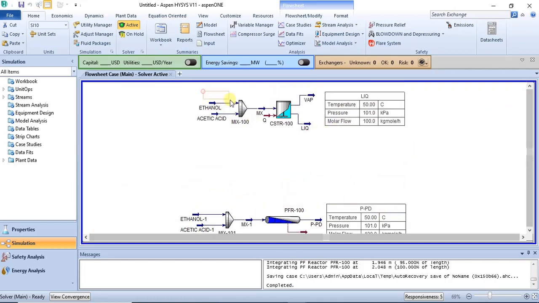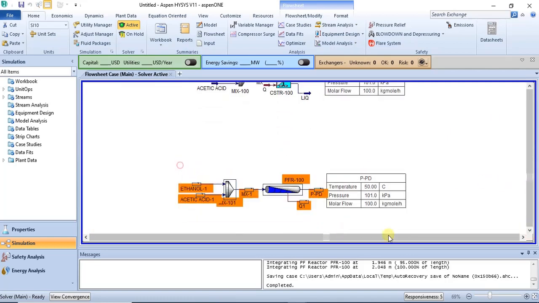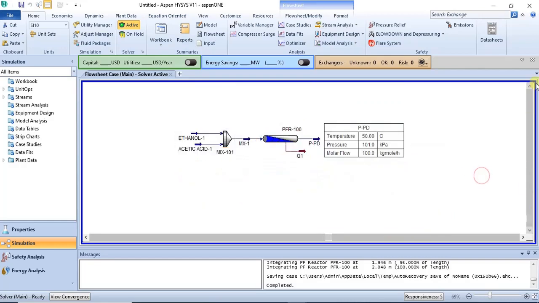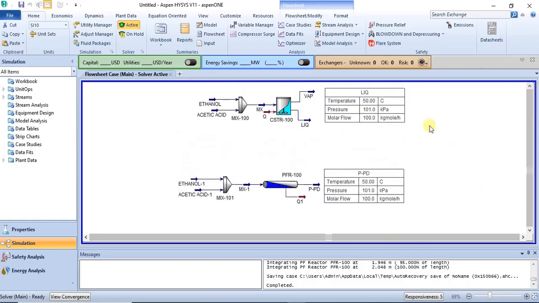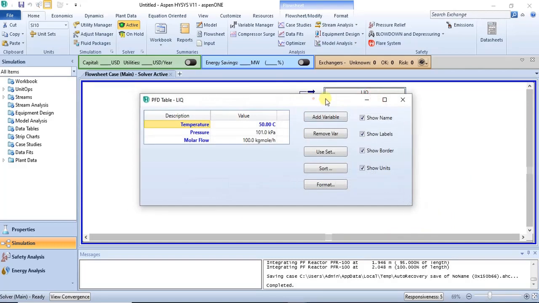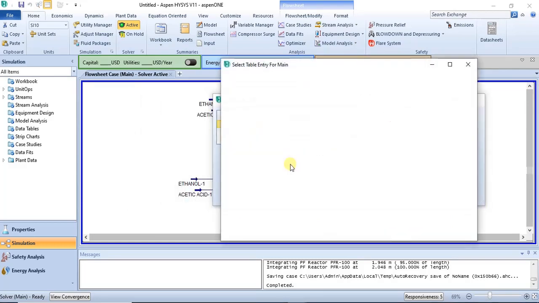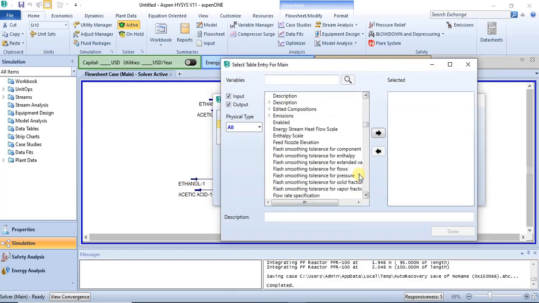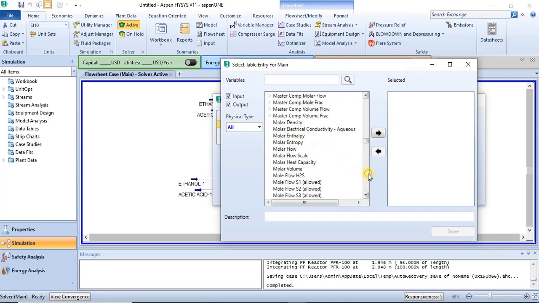Yes, so let me see. Okay, let me bring this up a little. Okay, I think it's okay like this. So I want to add more details to this, so I just click add variable, and then I want to add the molar flow of all the components in the product stream, right? So I just go to master components molar flow.